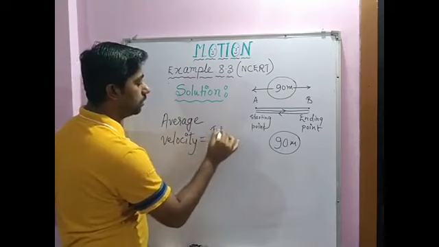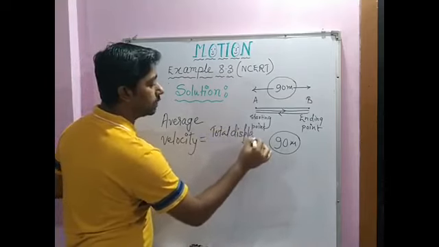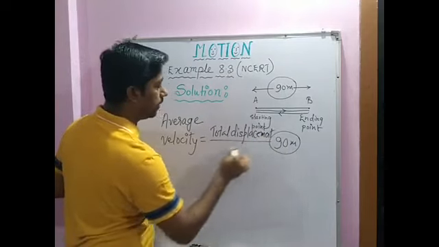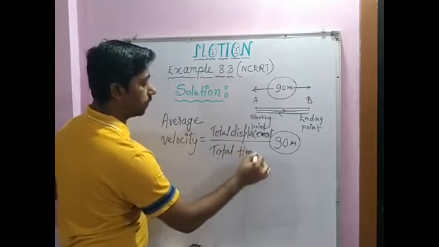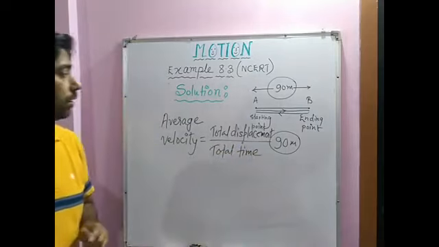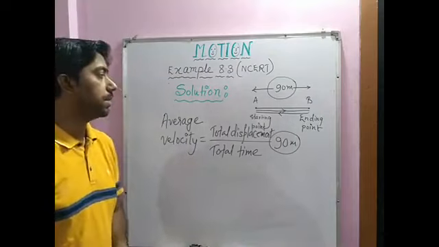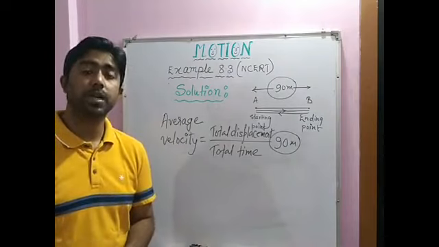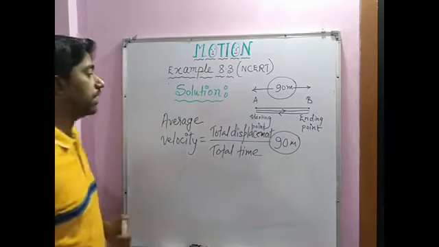Recall, total displacement divided by total time. Now what is total displacement? It is the shortest distance between initial and final point. Initial and final. Now let us observe her journey.